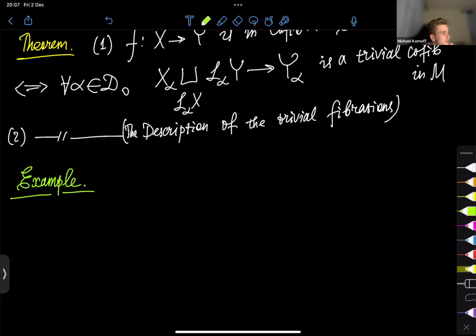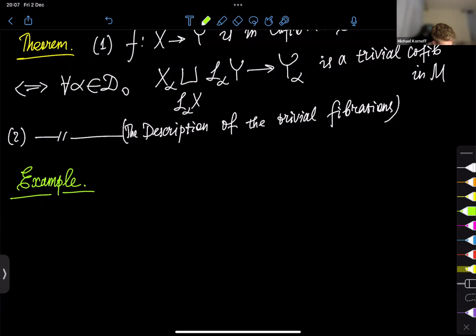In the previous talks, we dealt with simplicial model categories, but in a more general setting, we can do the homotopy limits and colimits, and for example, we can form the push-outs in a model category, in any model category.